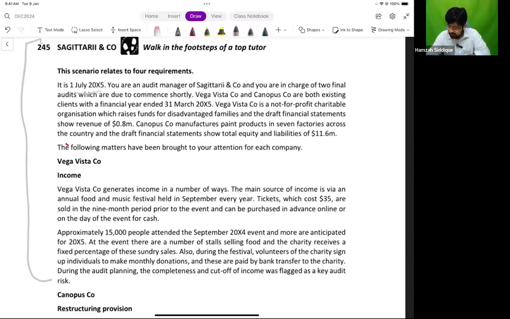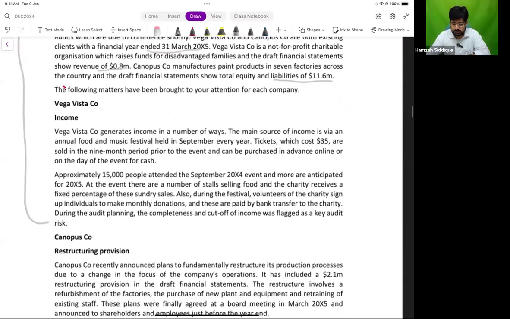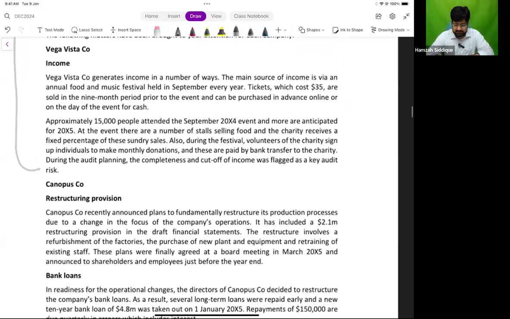1st July. Okay, so year end is 31st March, and it is a non-profit organization, their revenue is 0.8 million, and draft equity and liabilities are here. So Vega Vista generates income in a number of ways.